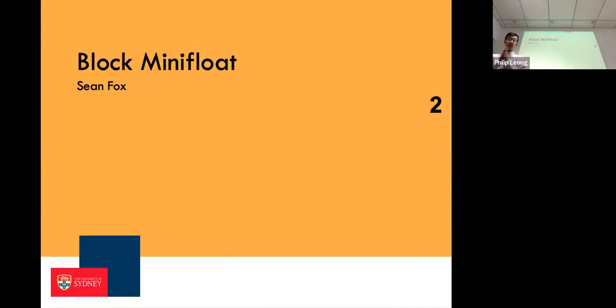The work on block Minifloat was done by Sean Fox, who graduated about 1.5 years ago and is now at Qualcomm.